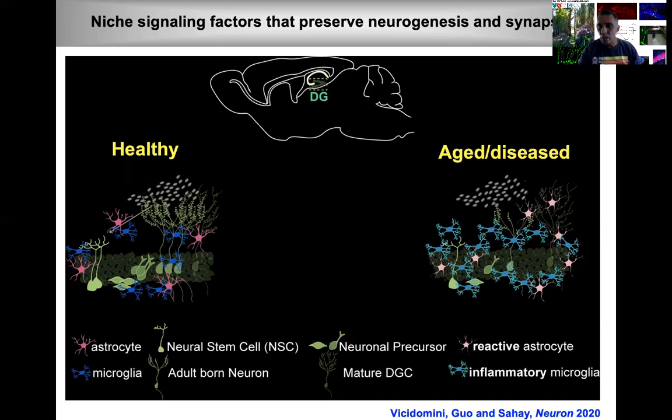Efforts in my lab are underway to identify signaling mechanisms used by neurons in the dentate gyrus to communicate, much like an orchestral conductor, with these different cell types, microglia and astrocytes, to ensure that the neural stem cells are preserved, as well as synapses, during aging.